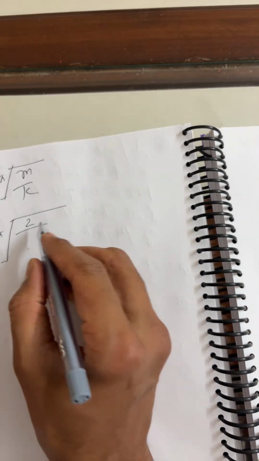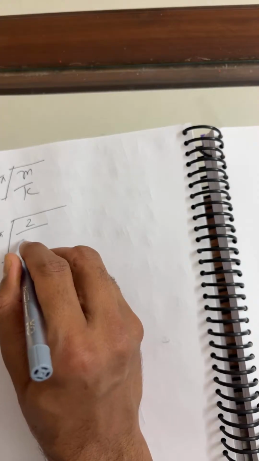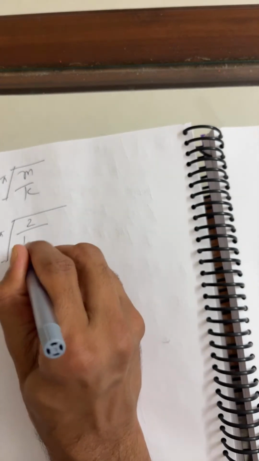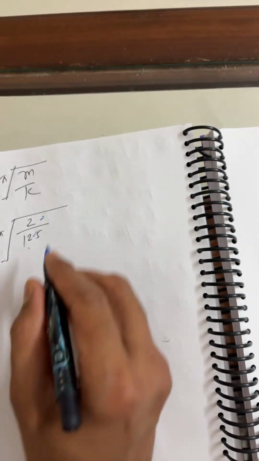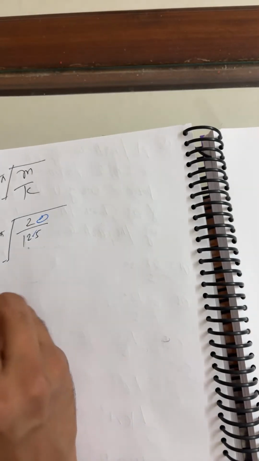So for this condition, K is 12.5. Just replace it here. So this is 20 here.